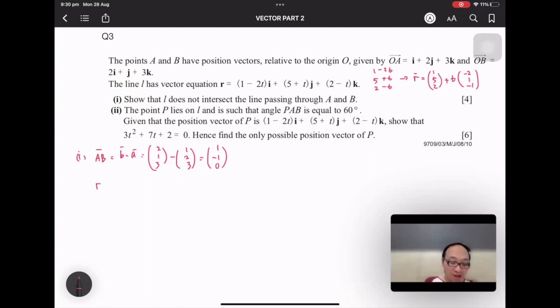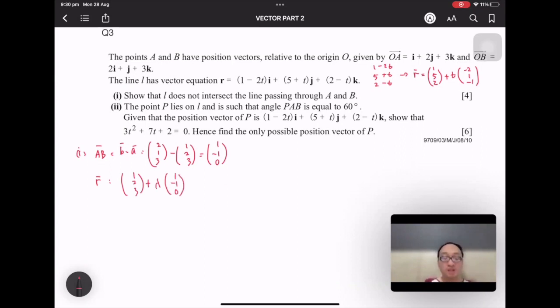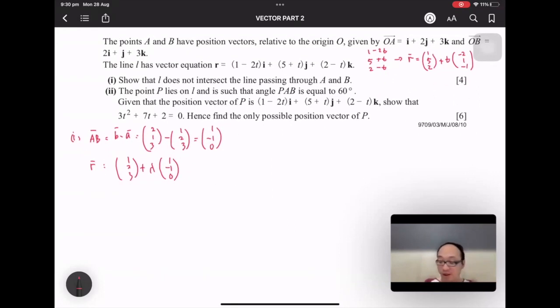So the line equation of AB equals the initial point, I will choose A, (1, 2, 3), plus lambda times (1, -1, 0), the direction vector of AB. So from here, I can find the coordinates on AB: 1 plus lambda, 2 minus lambda, and 3.